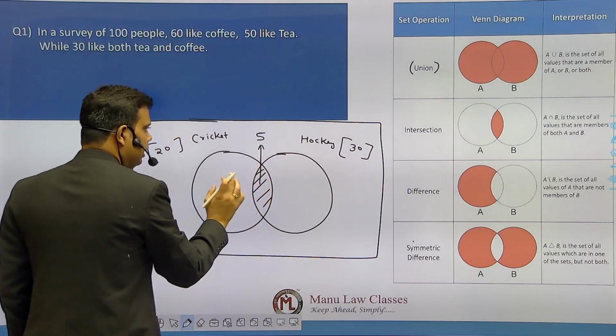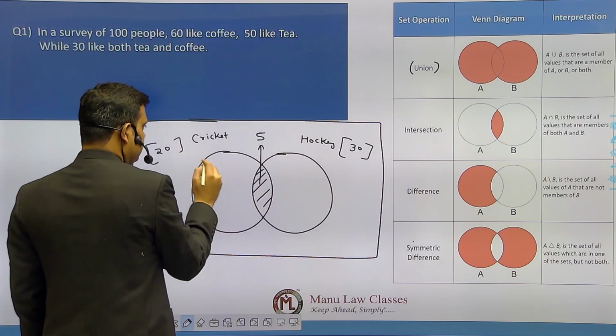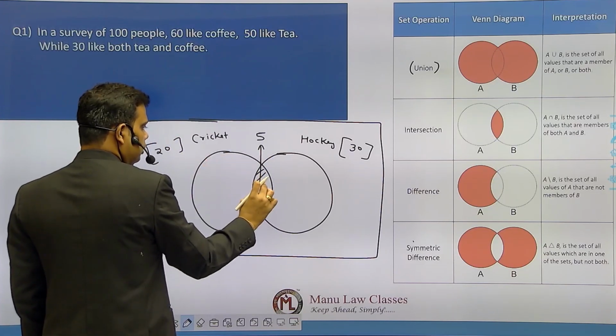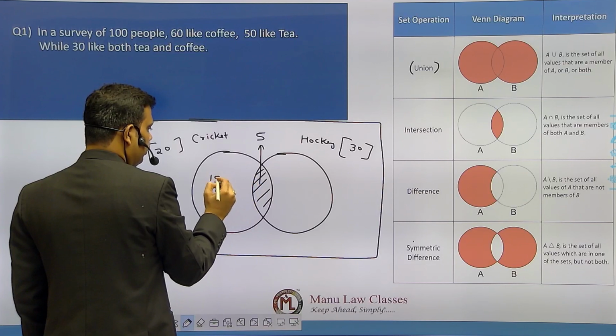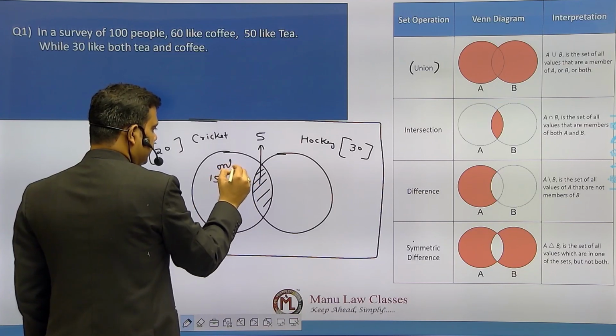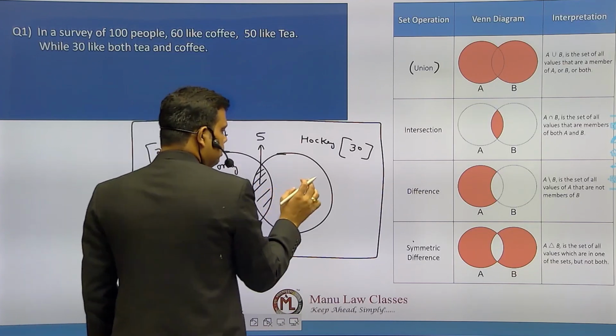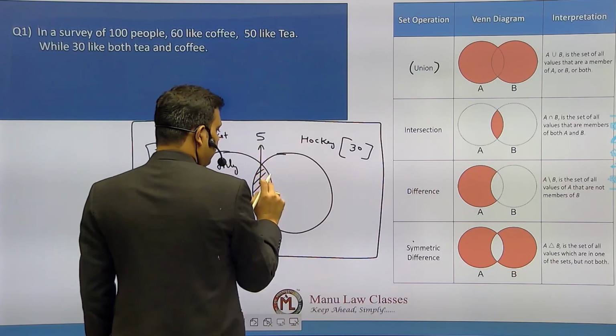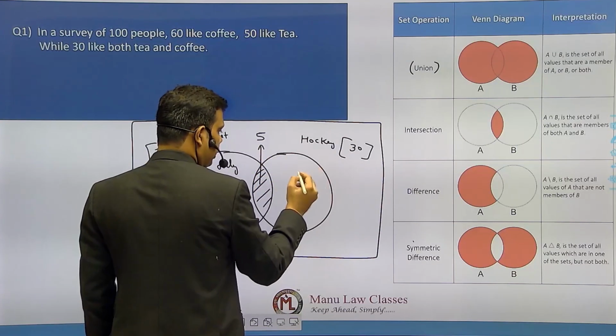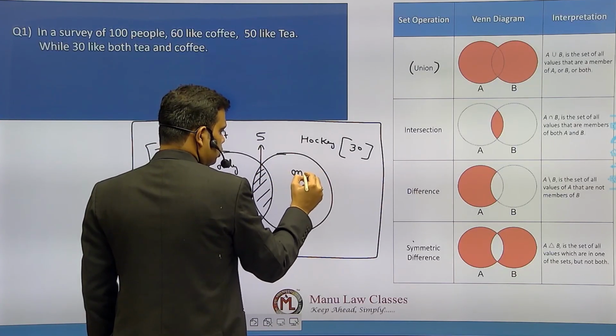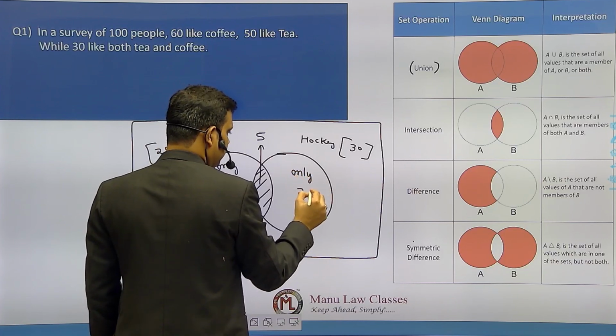Correct? It means suppose it says 5 players play both. Again, if 5 players play both, then cricket total is 20 minus 5, so 15 players play only cricket. Similarly, 5 players play both, so hockey has 30, so only hockey is 25.